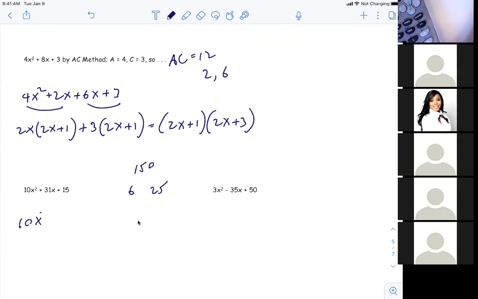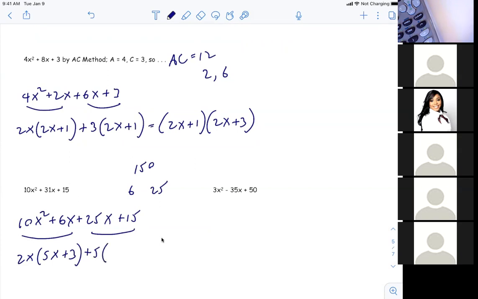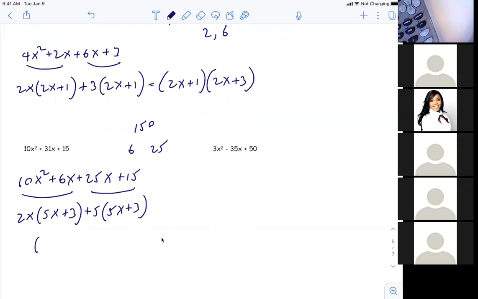So I will rewrite this, replacing the middle term, replacing the 31x with 6x plus 25x. And then GCF there is 2x times 5x plus 3. GCF here is plus 5 times 5x plus 3. And so the answer is 5x plus 3, 2x plus 5.